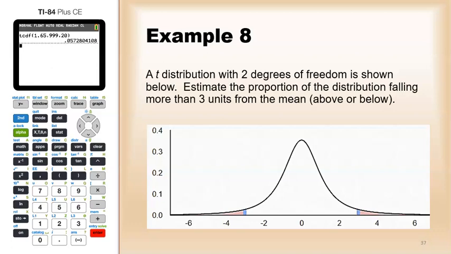Here's a different one, a t-distribution with 2 degrees of freedom. You see that it's very narrow, with kind of thick tails. Estimate the proportion of the distribution falling more than 3 units from the mean. So we have the lower tail and we have an upper tail over here. For that, I would choose the tcdf.